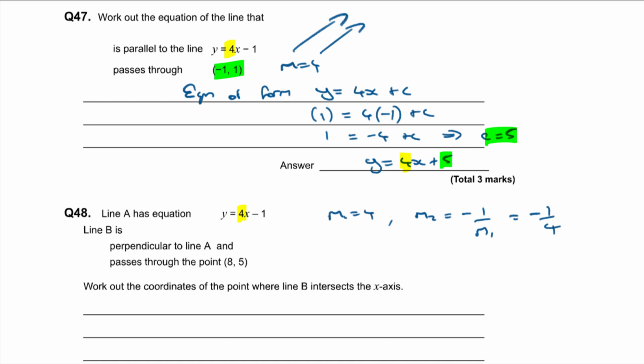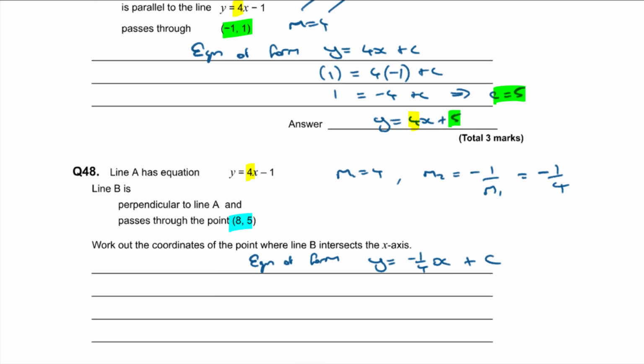So the equation is going to be of the form y equals m, where m is minus a quarter, x plus our y-intercept c. Okay. Now we know it passes through the point (8, 5), so subbing that in for y and x, I'm going to get 5 is equal to minus a quarter lots of 8 plus c.